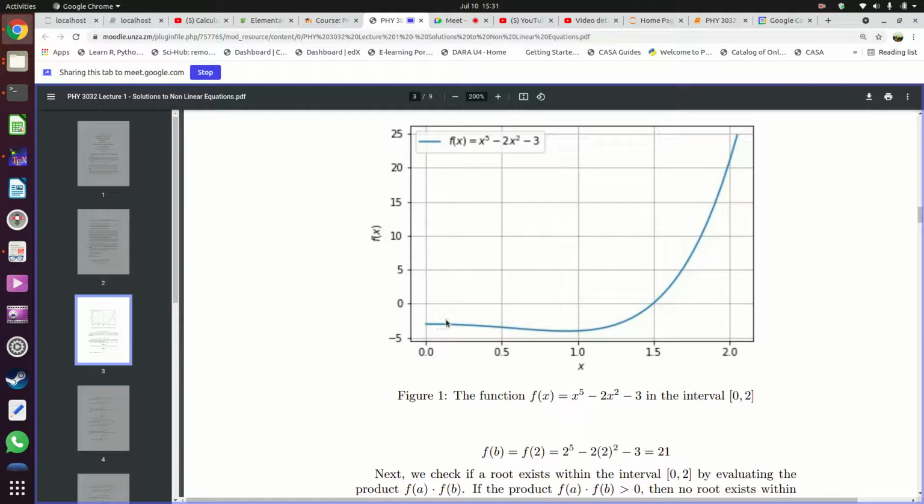At any value of x before 1.5, f of x has a negative value. Then after 1.5, f of x starts having values above 0, which means they're positive. So f of x has got negative values, then positive values in this interval. So this is what you look for.